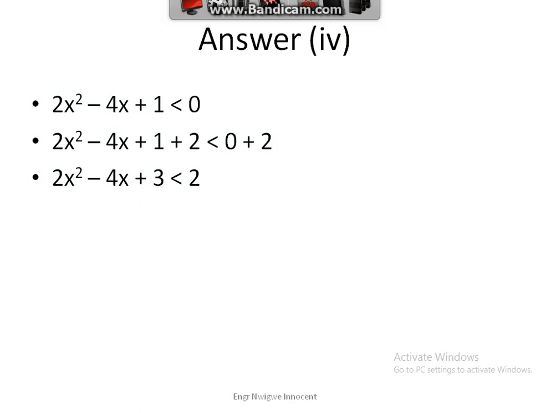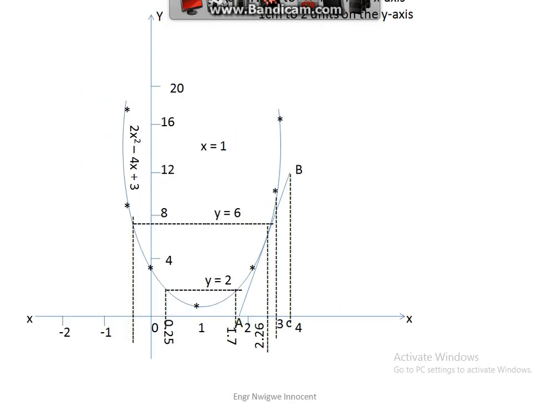The points of intersection of y equals 2x squared minus 4x plus 1 and y equals 2 are 0.25 and 1.7. That is, if you go to the graph, at the point where this y is equal to 2, you now trace it down to x.